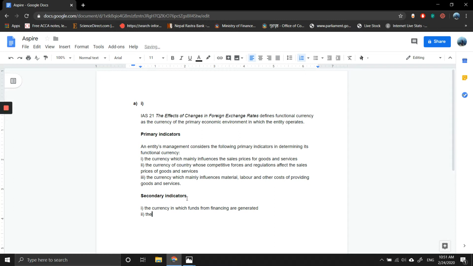The second factor is the currency in which operating revenue is retained.